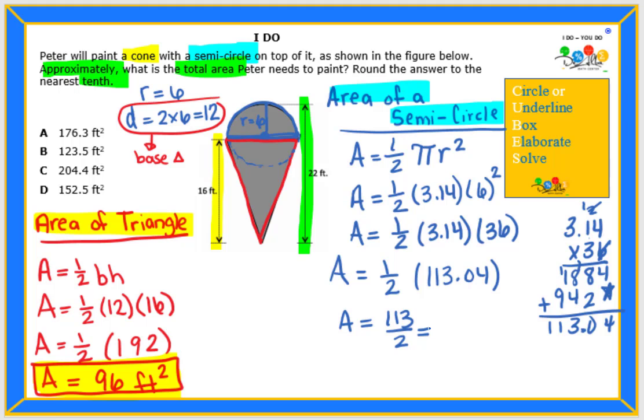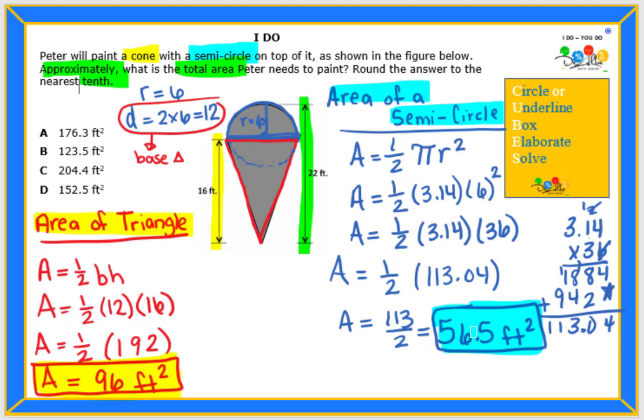So we just need an approximation. So I'm rounding 113.04 to 113, and I'm going to divide that by 2. Is 56.5, and our units are squared feet. So we have the area of our semicircle, half the area of a circle.